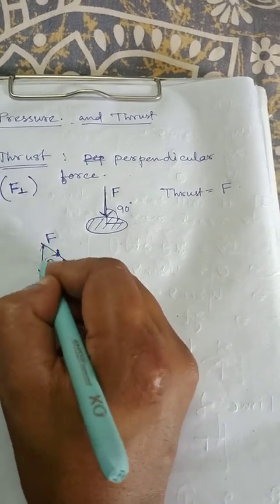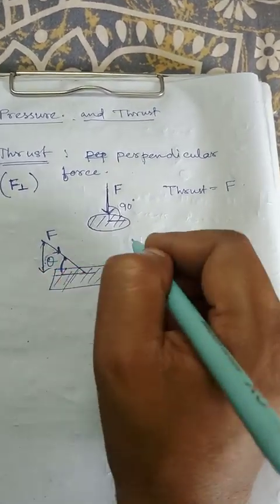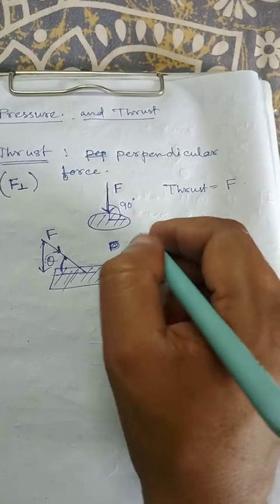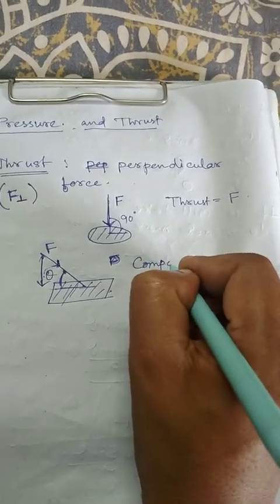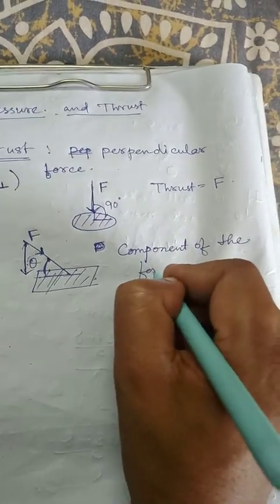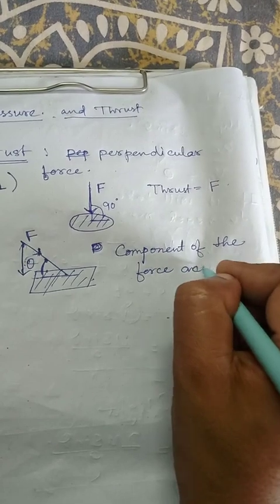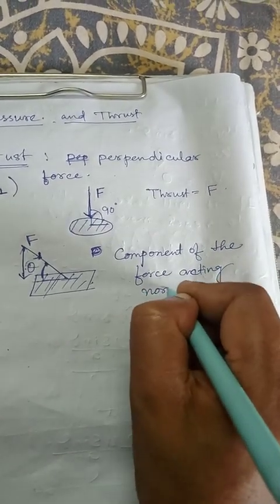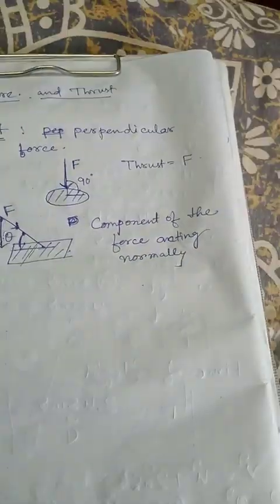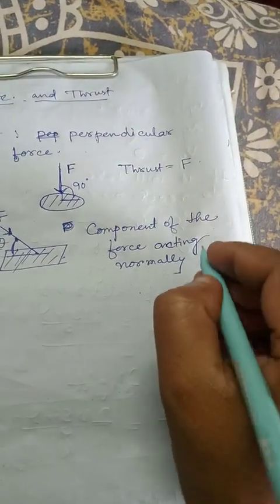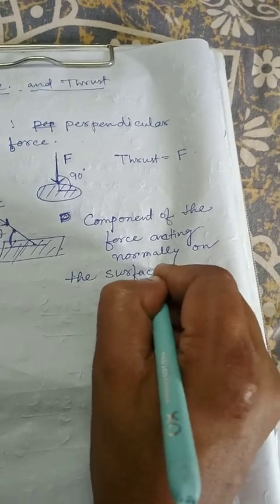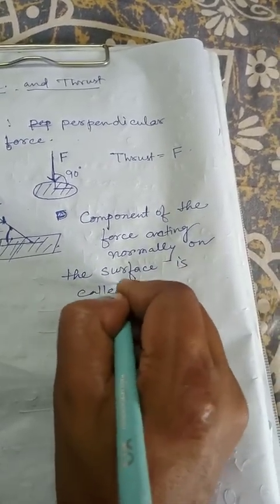That means F into the component of the force acting normally or perpendicularly, making an angle of 90 degrees. So the component of the force acting normally on the surface is called thrust.